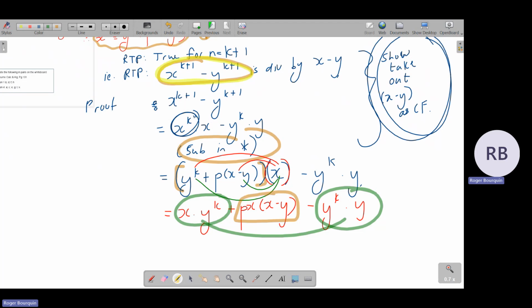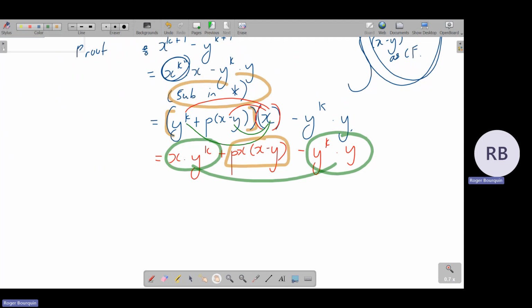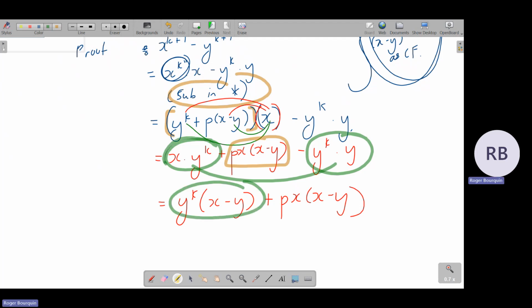So take out y to the k. If you agree with me, if I take these two terms, you've got to focus your mind on what you're trying to do.